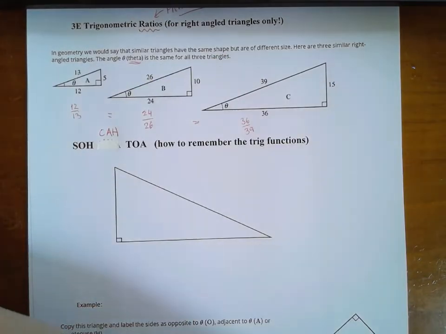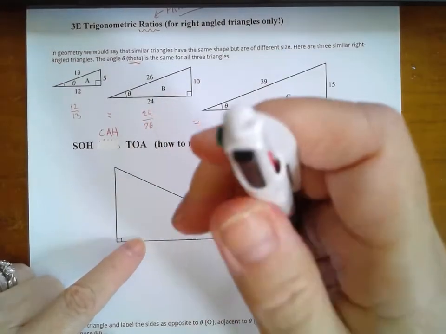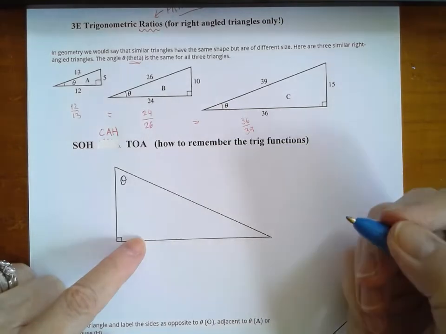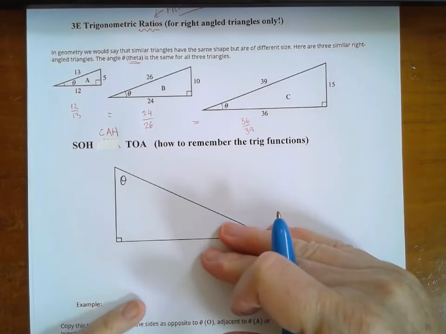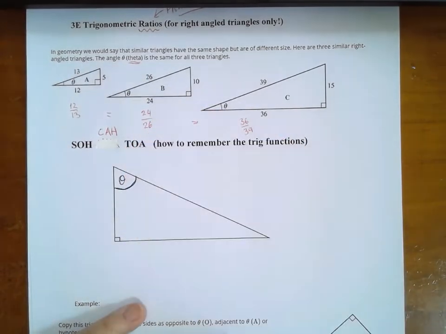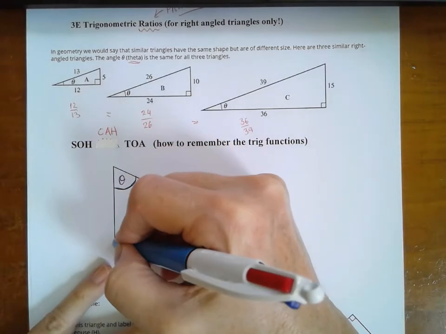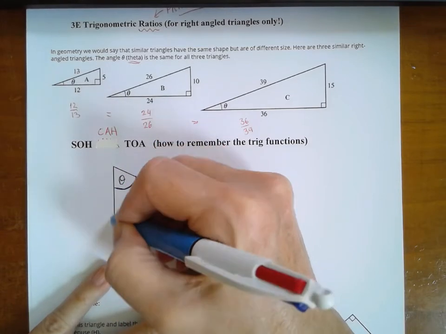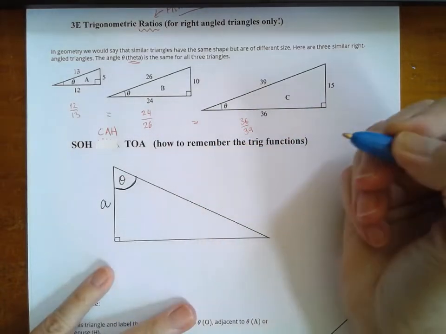And when you look at this, I put some angle in here. I'm going to put it up here this time, and I'm going to use a different color. I'm going to put my angle up here, theta. And in trigonometry, I label the triangle according to that angle that I've labeled. So the side that's right next to it, that makes up the right angle but is also right next to this angle theta, I call the adjacent side.